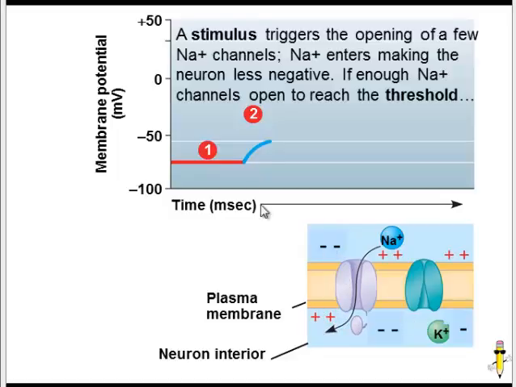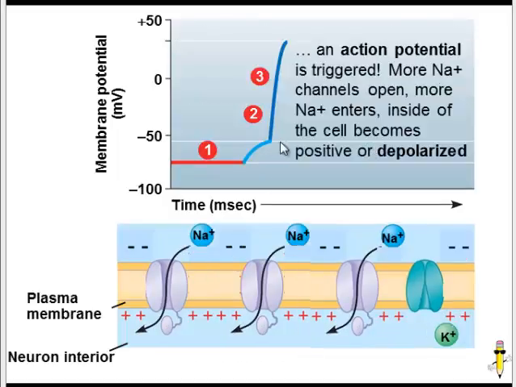Now, if enough sodium channels open to reach a threshold, which is essentially negative 50, all right, if we get the charge inside to change from -70 to -50, then an action potential is triggered, and that's what happened right here. Now we see that there are many voltage-gated sodium channels open, and lots of sodium is entering the cell, making the inside of the cell very positive.